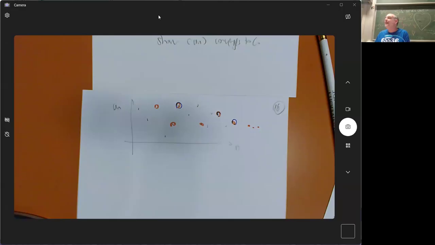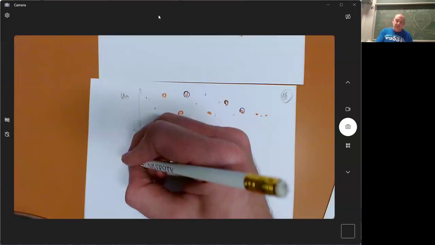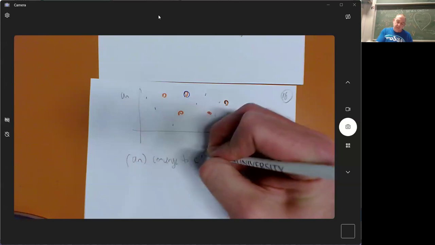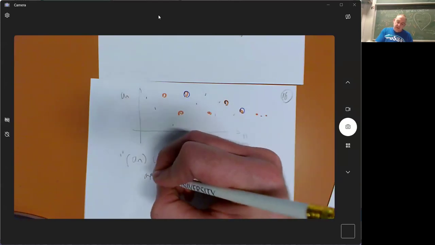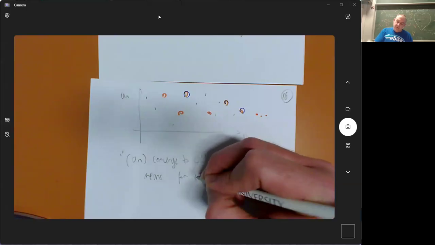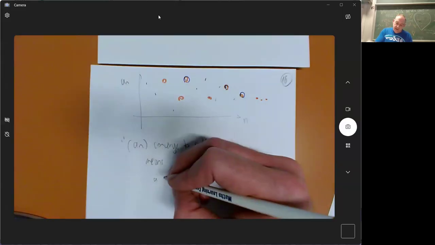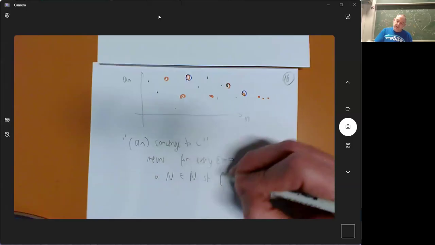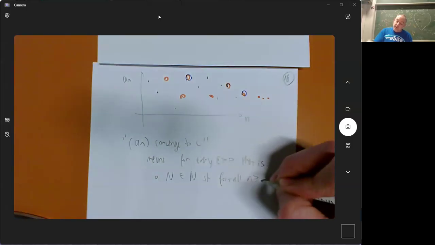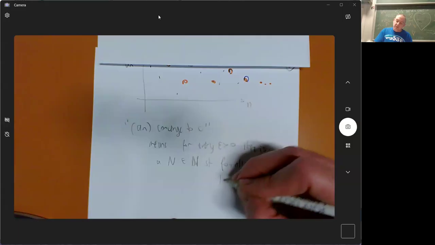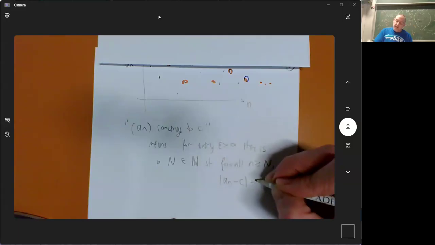That's a good start. Well, to converge to C, that's the limit, right? So just the definition of a_n converges to C means: for every epsilon greater than 0, there is an N in the naturals such that for all little n greater than or equal to big N, the distance between a_n and C is less than epsilon.